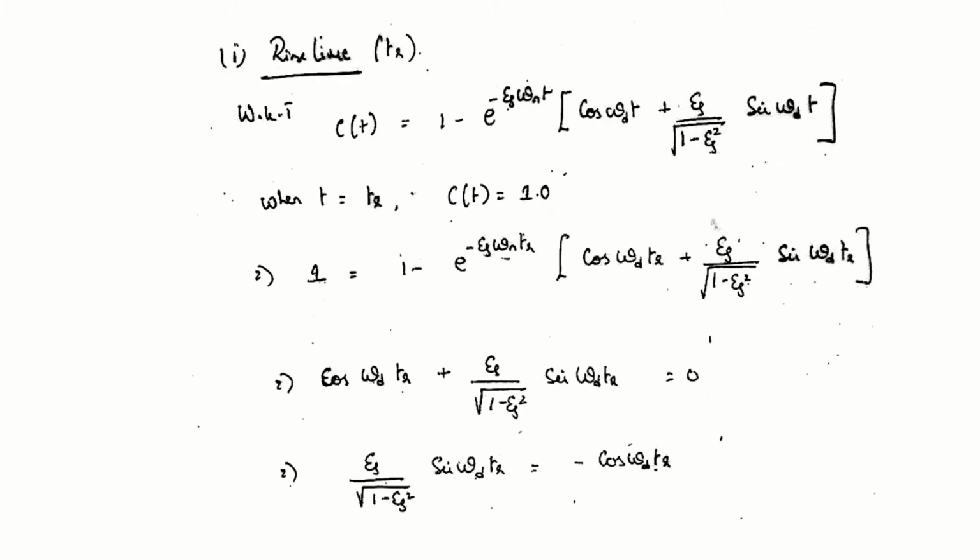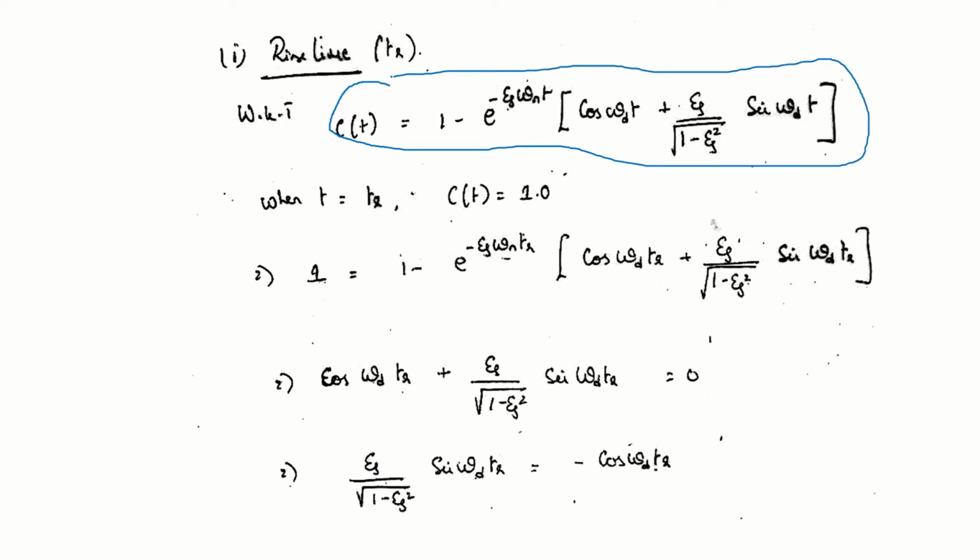Okay, let us find the expressions for rise time. We know this equation already. I have derived this. c(t) is equal to 1 minus e to the power of minus zeta omega n t, divided by root of 1 minus zeta square, times cos omega d t plus zeta by root 1 minus zeta square sin omega d t. So in this equation, the value of t will be tr, then the value of c(t) will be 1.